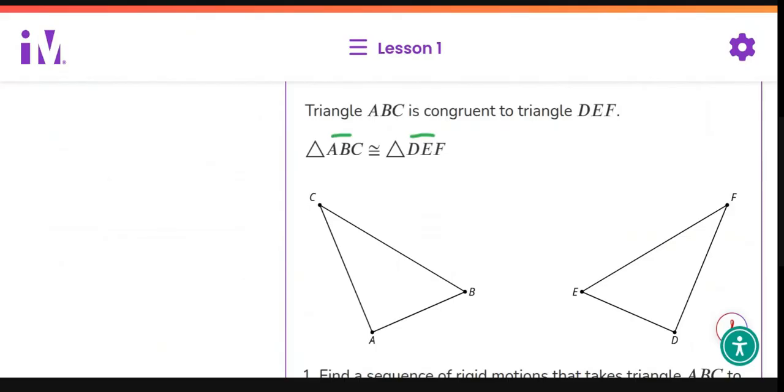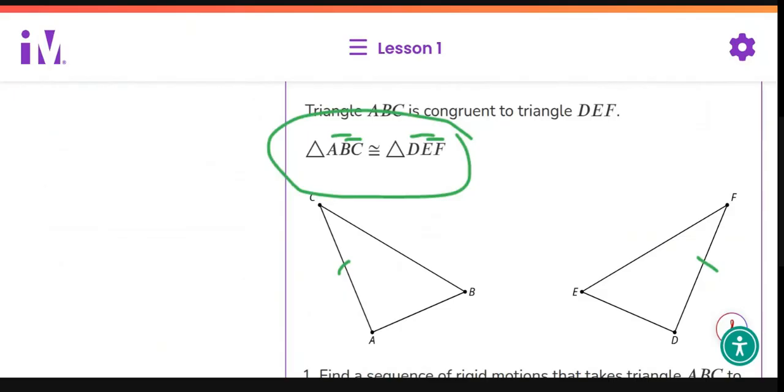So that means that segment BC or side BC is congruent to side EF. And then we can say that from F to D, even though they're not next to each other in the name, they are segments on your triangle, is congruent to C to A. We can show that in the figure with our hashes to show congruency, or we can just simply look at our congruent statement to see which parts are congruent to each other.